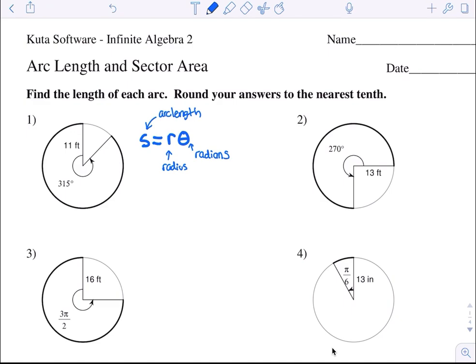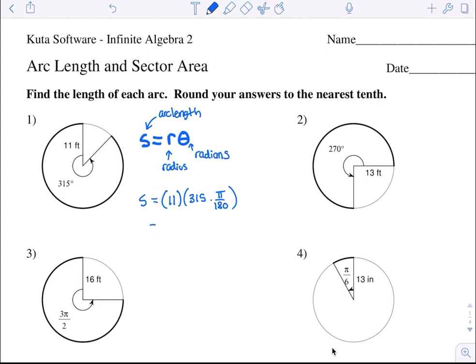Alright, so S is going to equal your radius, which is 11, times 315. Now, since 315 is in degrees, you need to multiply it by pi over 180.